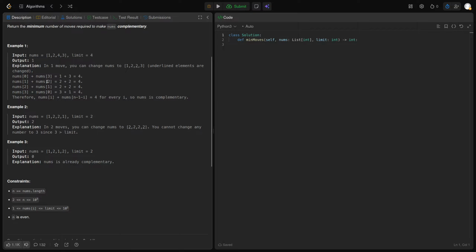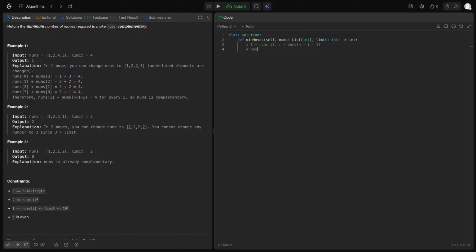That's interesting. Okay, that's fair. So we would have a number line from 0 to 2 times limit plus 1 or plus 2, and now here is what we are going to do. Let's say L is nums i, R is nums n minus i minus 1, right?